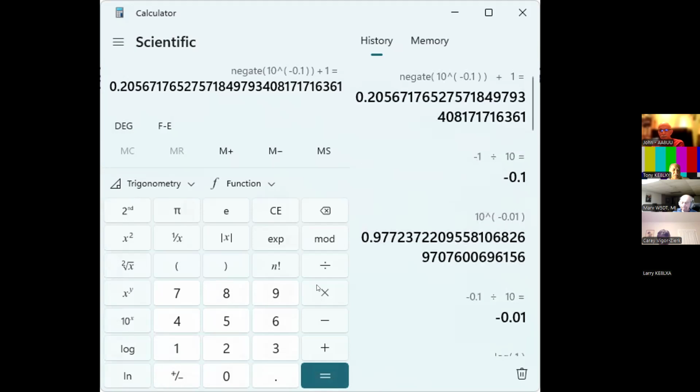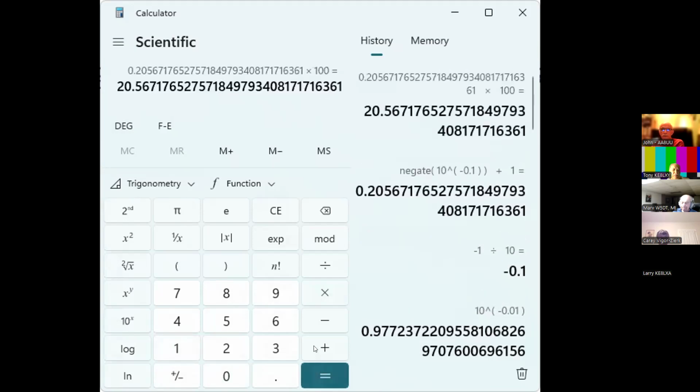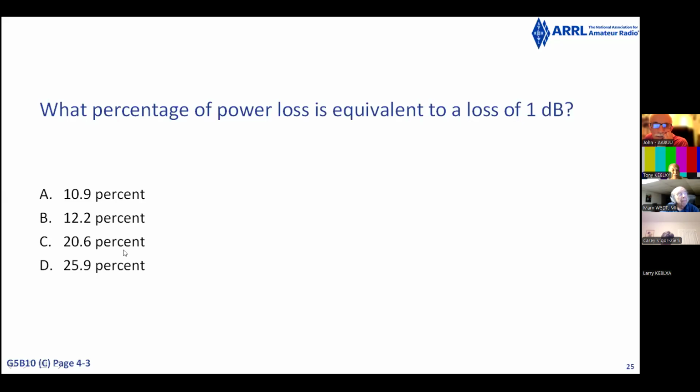Now you can multiply it by 100 to get that out to percent. But there's your 20.56%, which rounds off to 20.6. Or you can memorize the answer C. But that's the way to do it if you're going to do the math. 20.6 C.